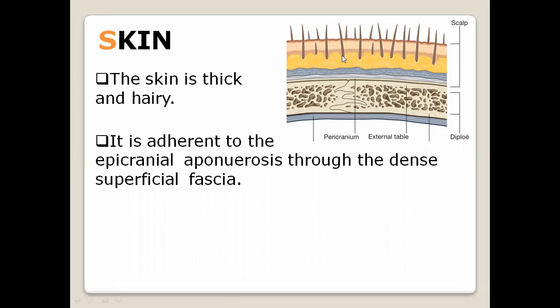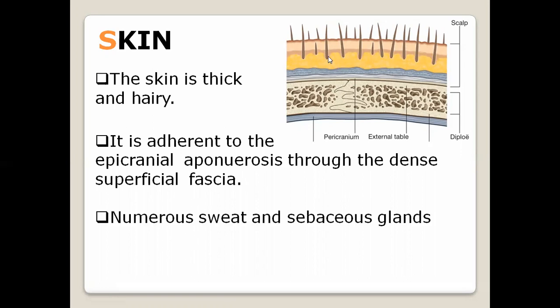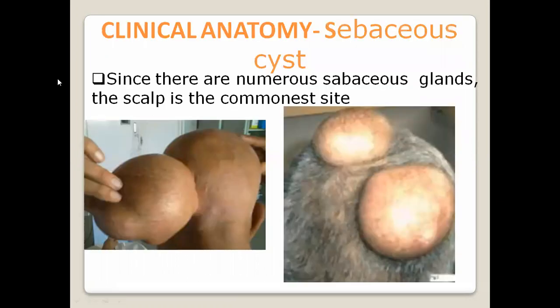And the skin is provided with a large number of sweat and sebaceous glands. That's why, if a sebaceous gland gets infected or blocked, it results in a condition called a sebaceous cyst. You can see the sebaceous cyst of the scalp. Okay, so the scalp is the commonest site for the sebaceous cyst.